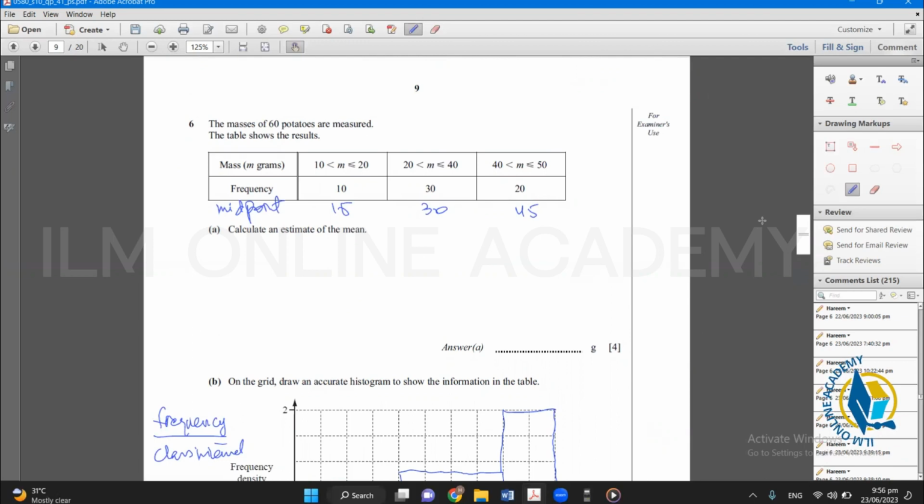There are 30 potatoes whose masses lie between 20 grams and 40 grams. And there are 20 potatoes whose masses lie between 40 and 50 grams. Okay. So you have to calculate the estimate of the mean.